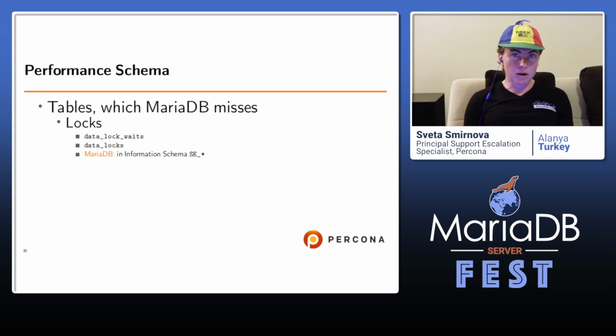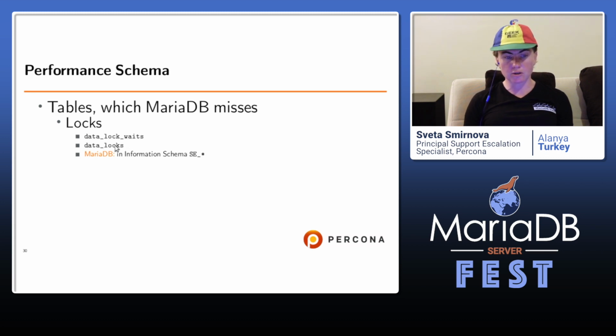In MySQL, in the latest versions, performance schema is the main troubleshooting source. MariaDB ports from MySQL what it finds useful, and it doesn't port everything. So what is missing? First are the tables regarding locks. These actually existed in old versions even in MySQL, but in 8.0 they were moved to performance schema with additional columns.